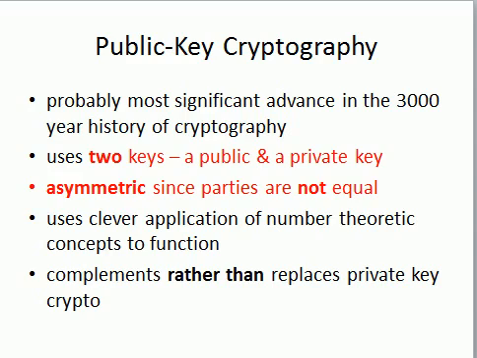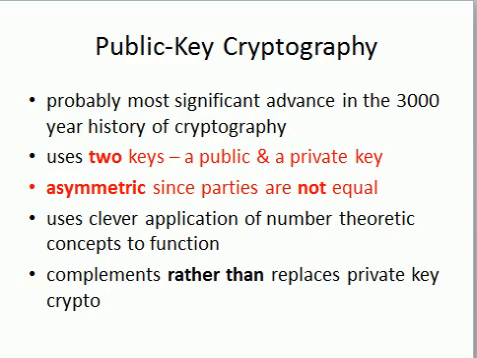Here the private key is given more privilege than the public key, and the method is otherwise called the asymmetric method because both the parties are not going to be equal. The person who has the private key is going to be given more privilege than the person who is going to use the public key.